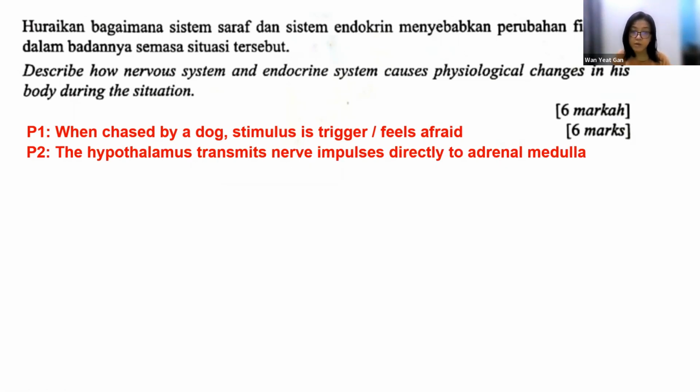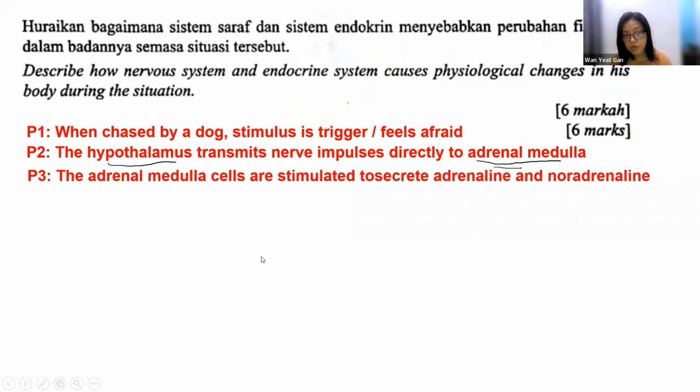It is the first one that will detect and transmit nerve impulses to the adrenal medulla. So hypothalamus to adrenal medulla, directly. The adrenal medulla will then be stimulated to secrete adrenaline and noradrenaline.